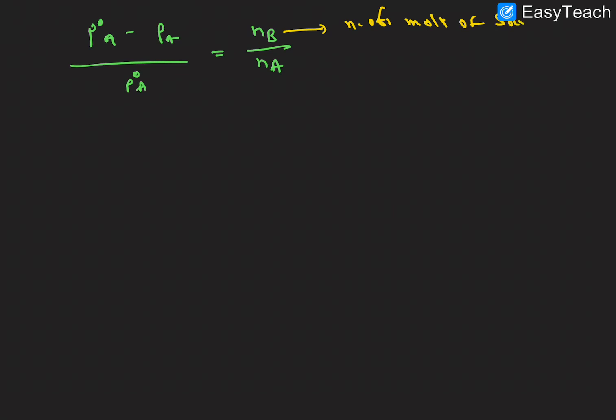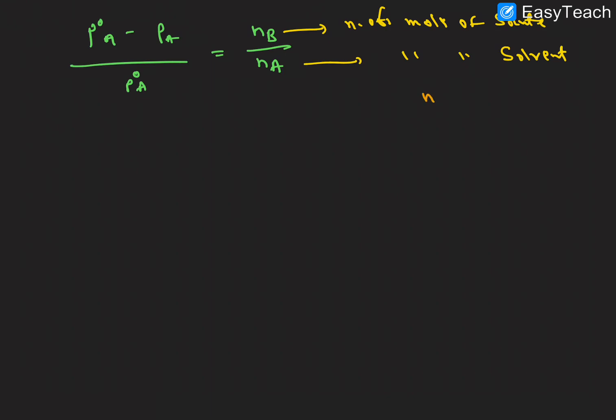What is the resultant formula? So P naught A minus PA by P naught A equal to nB by nA, right? nB is number of moles of solute, and nA is number of moles of solvent, right?